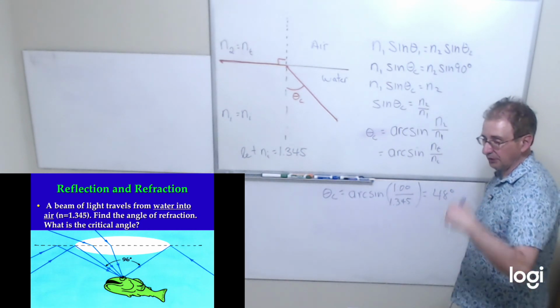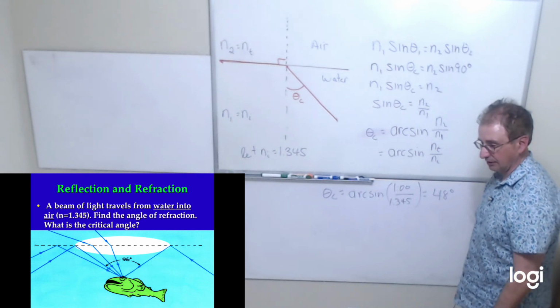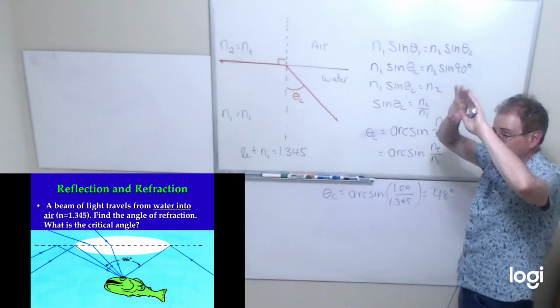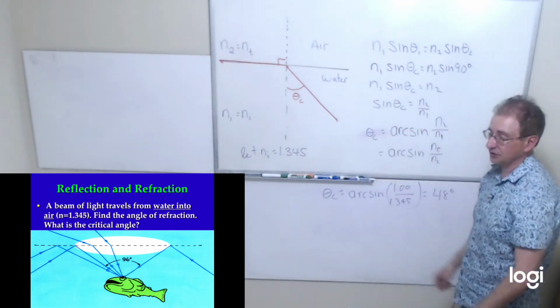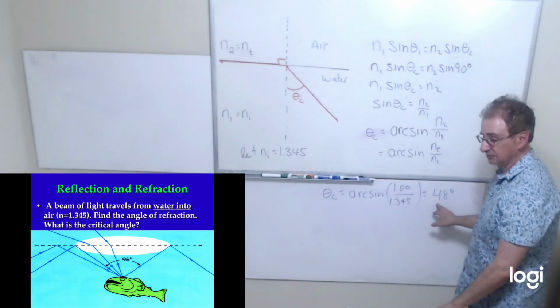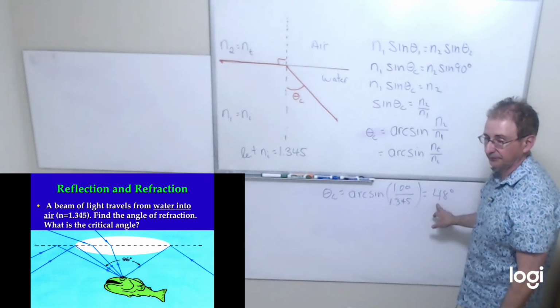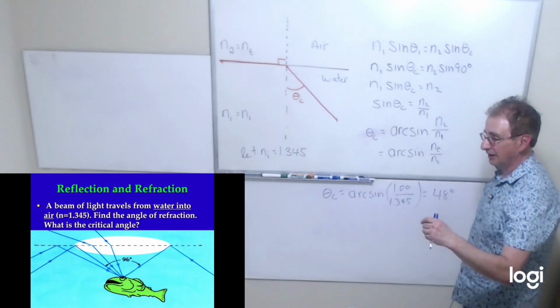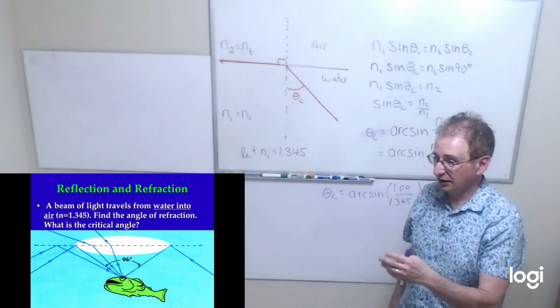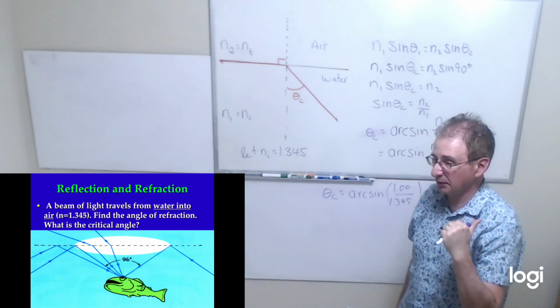The light that's coming through and going to the fish sweeps out a cone of 96 degrees, which is twice this angle. This idea is similar to what you're encountering in the index of refraction experiment that we're doing this week.